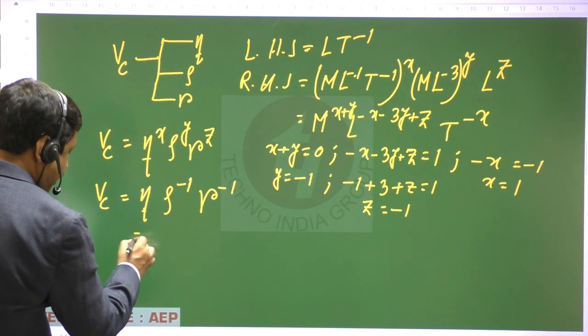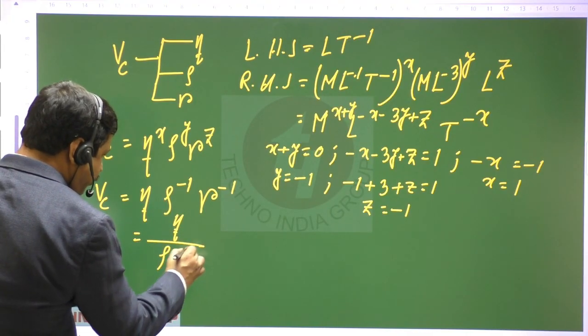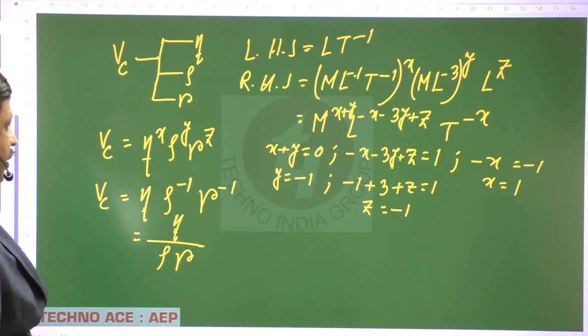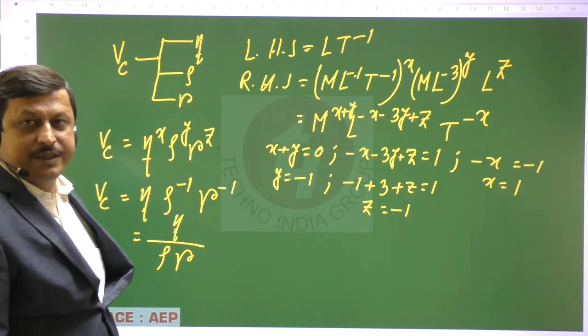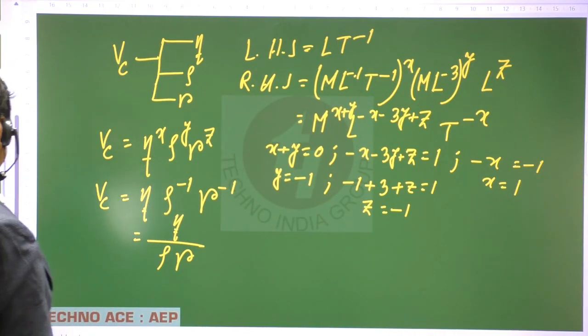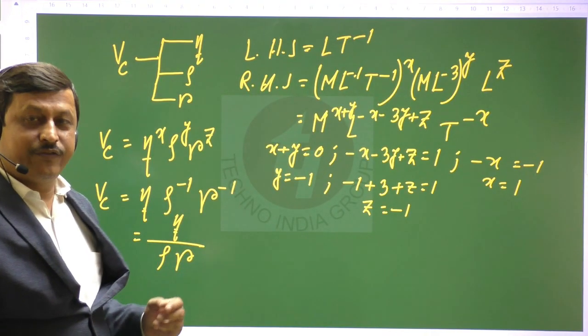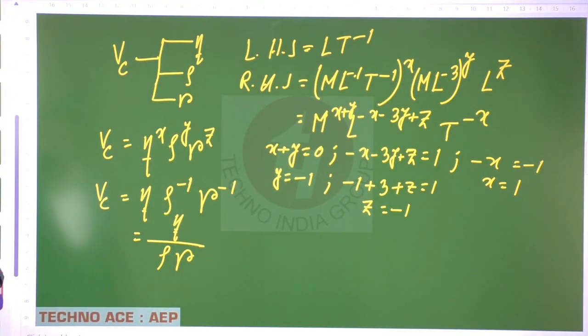That means eta divided by rho into r. Okay, this is the same type of problem which was already discussed in the previous case, right? And another one which is very important, like this type of problem.